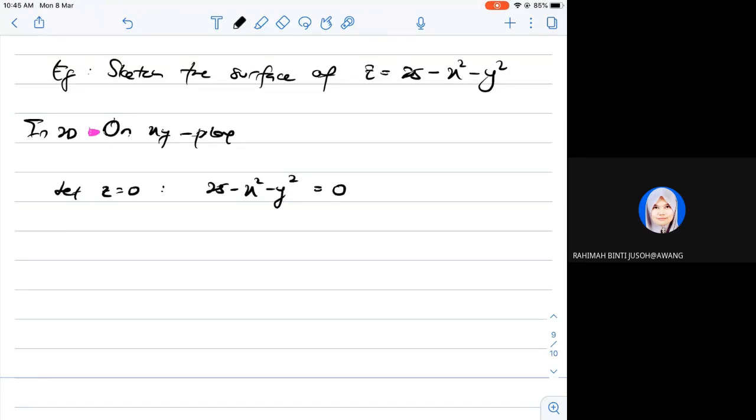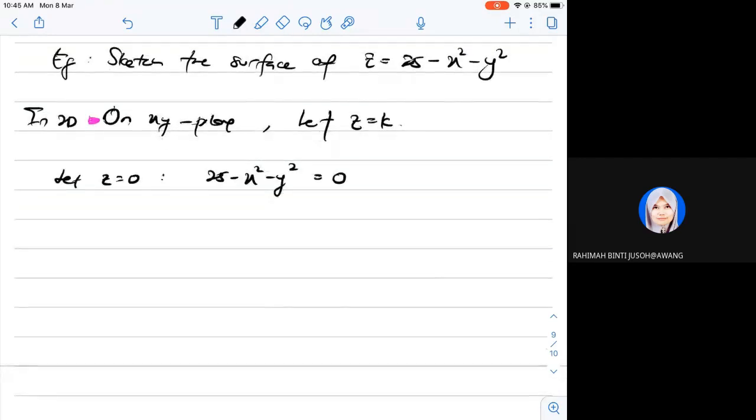Yang ni kita guna level curve tadi yang kita belajar, subtopic 1.1 tadi. So, let z equals to k lah. Let z equals to k, level of curve height. Sebab k kan ketinggian kan, height. Kalau z equals to 0, macam ni. So we will have x squared plus y squared equals to 25.